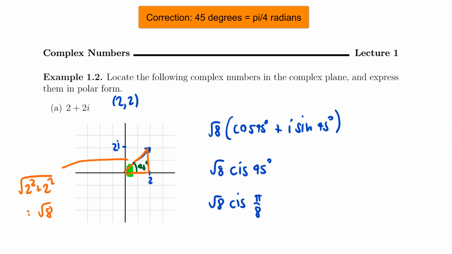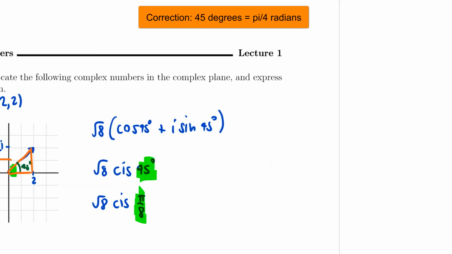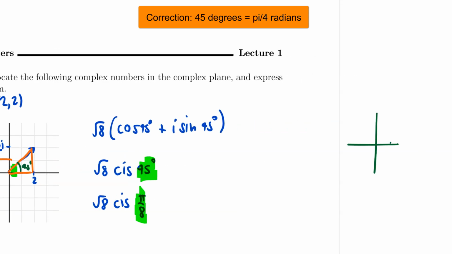Now, one thing I'd like to point out is that the polar form is usually not unique. This is because for the angle here, like in the unit circle, when we have the 45 degrees, I can make another rotation.